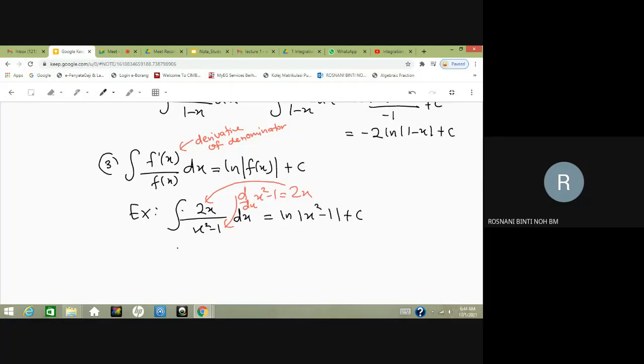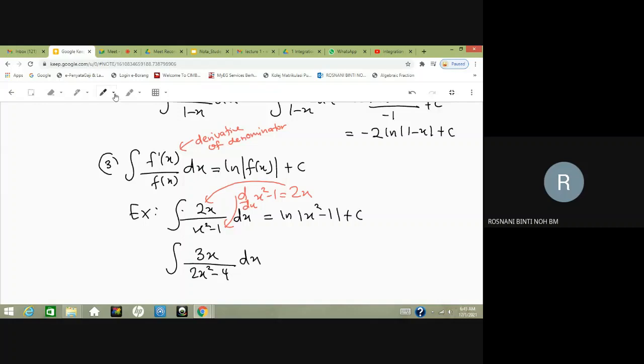Okay, maybe we can have another example. Integration of 3x divided by 2x squared minus 4. Let's compare this question with this formula, where your denominator is 2x squared minus 4.